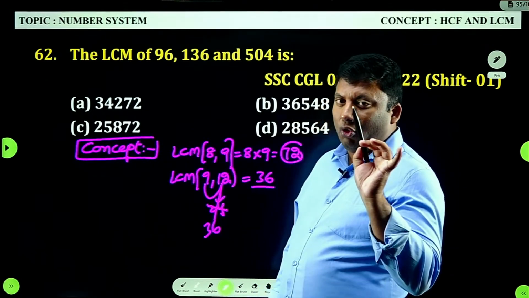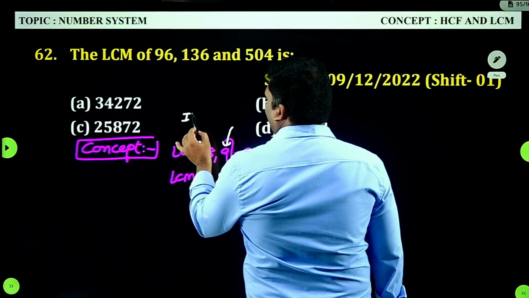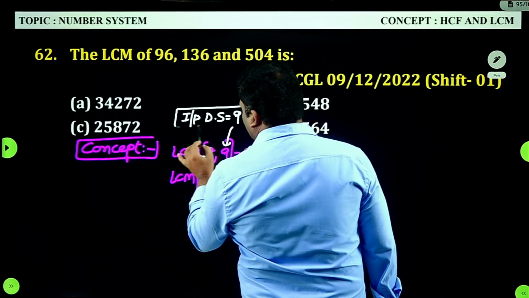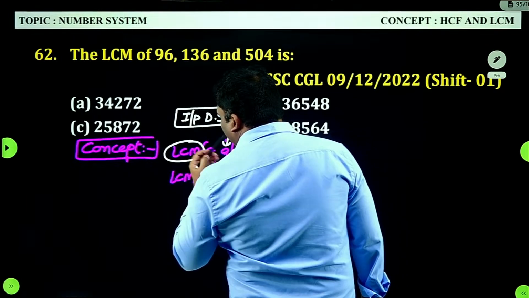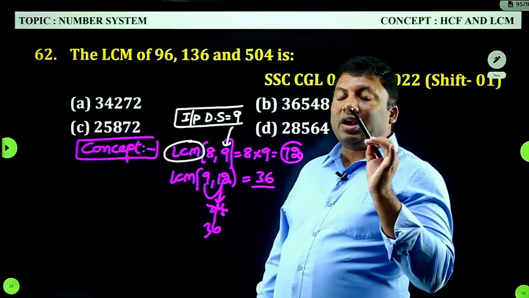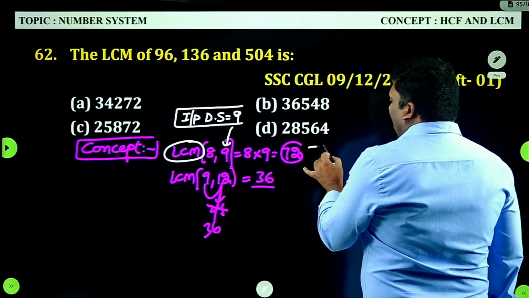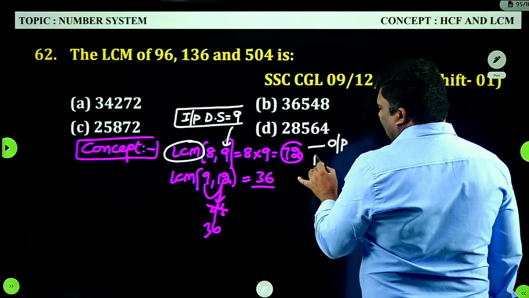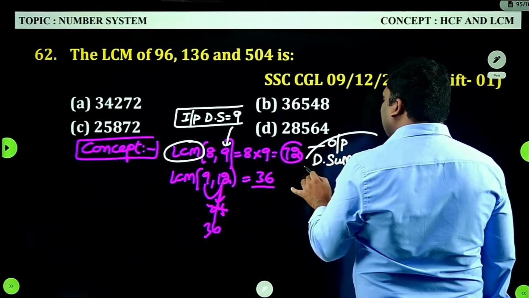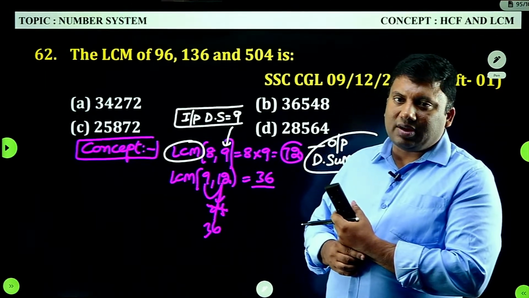Listen very carefully, sir. Beautiful shortcut it is. If the input number's digital sum is 9 and you are applying LCM, the output digital sum will also be 9.